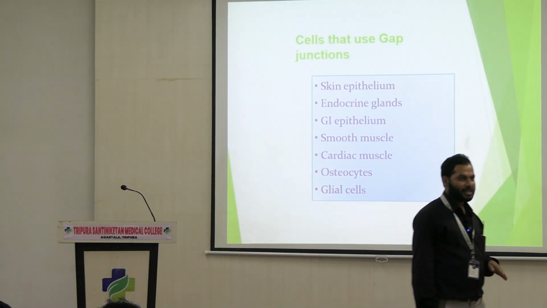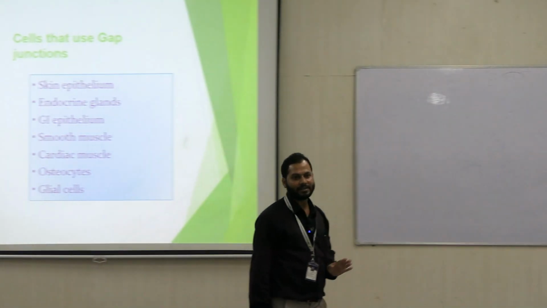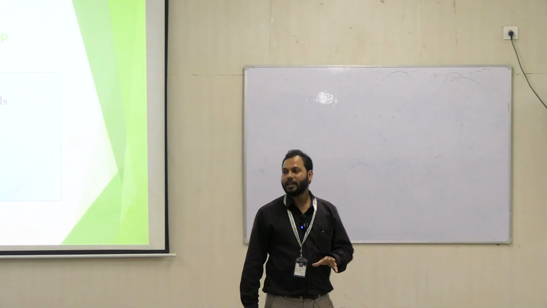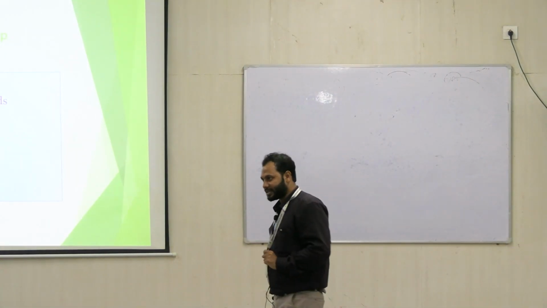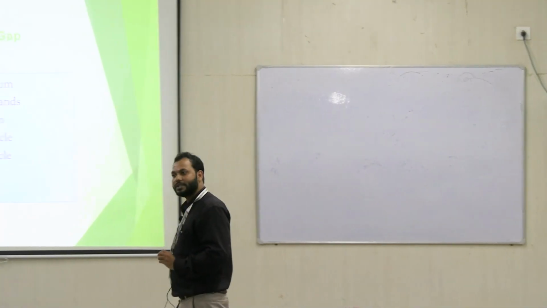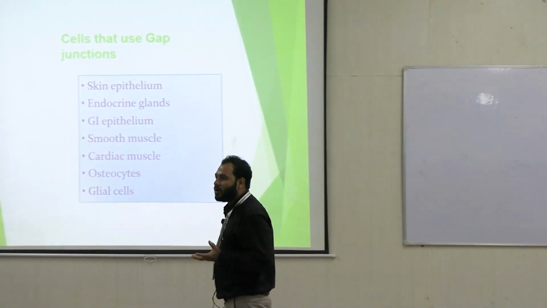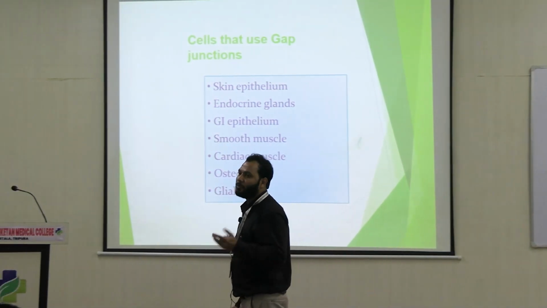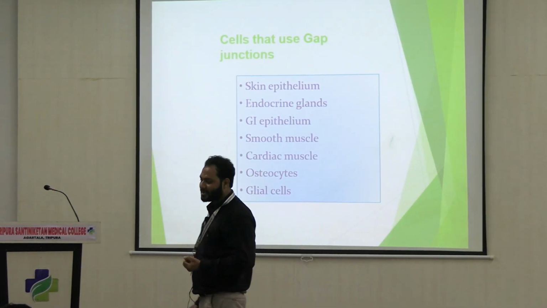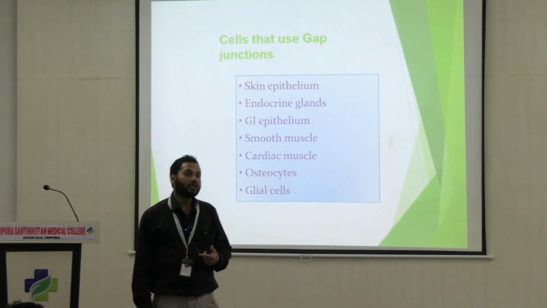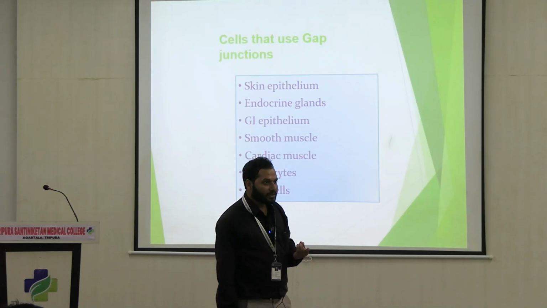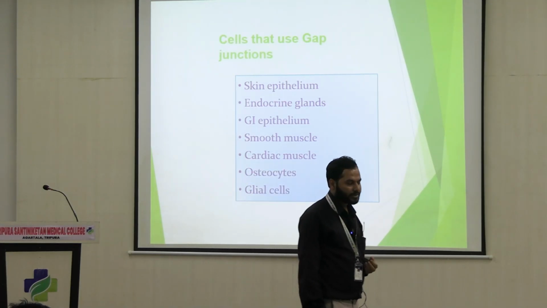Overall, in today's lecture, let me summarize what I have discussed. At the very beginning, I discussed what the cell matrix or extracellular matrix is, and what the different important protein and non-protein components or structural protein components are. After that, I discussed cell junctions, the different types of cell junctions.